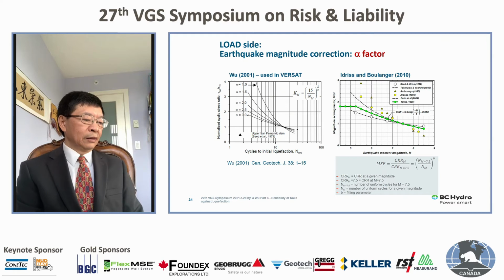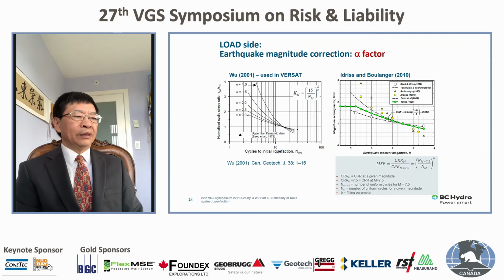I call that normalized cyclic stress the alpha factor, on the left. On the right are the three curves I have incorporated in this reliability or probability analysis. They represent three different scenarios in uncertainties. Next slide.